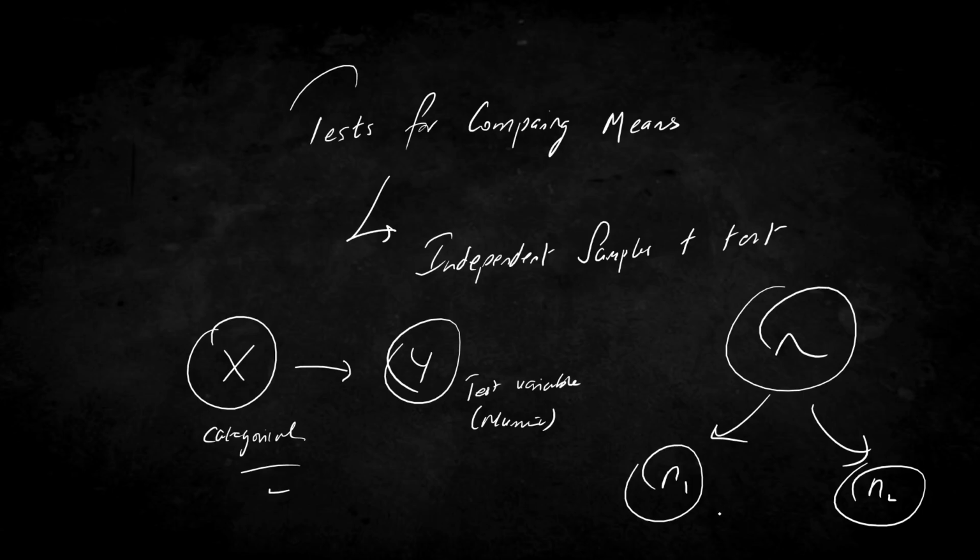In this case we're going to calculate x bar 1 and x bar 2, and what we are actually interested in is mu1 and mu2. So we use the independent samples t-test when we are dealing with two independent groups.